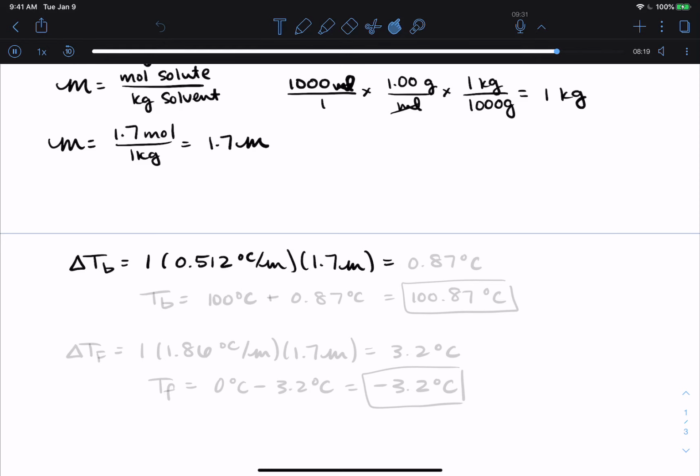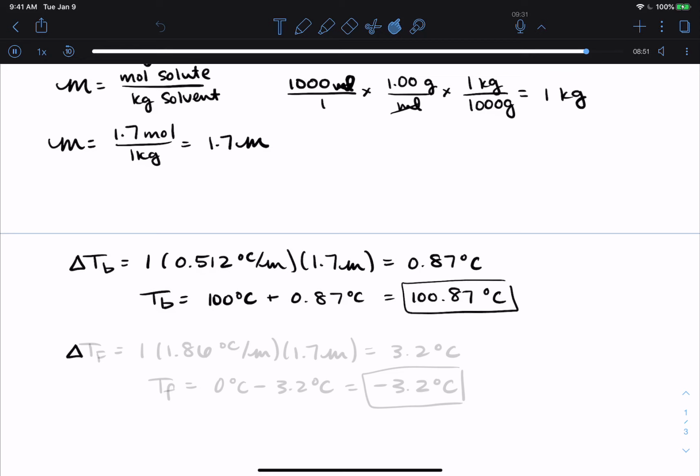So my delta T_B is 0.87 degrees Celsius. But the problem asks for the actual new boiling point. So my new boiling point is whatever my original boiling point was plus the amount that it went up. So my new boiling point is 100.87 degrees C.